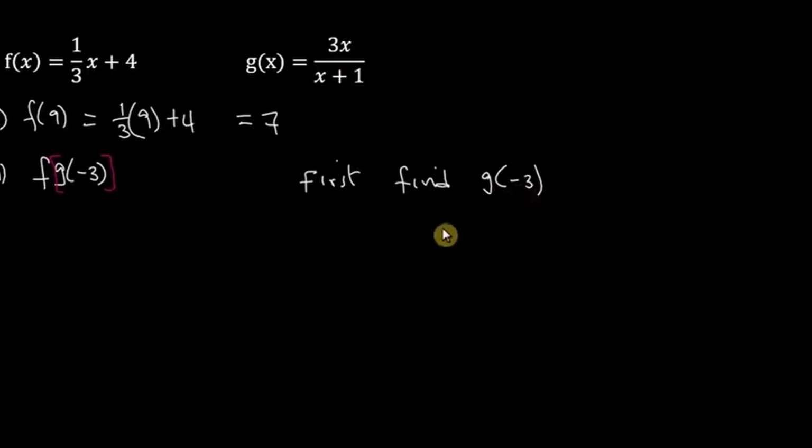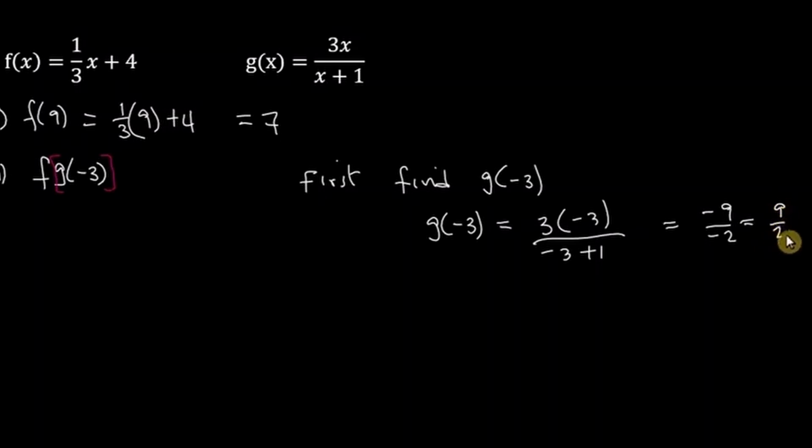So g of negative 3 is equal to 3 times negative 3 over negative 3 plus 1, and that is equal to negative 9 over negative 2, which is simply equal to 9 over 2. The negative signs cancel. So we have a value for g of negative 3 as 9 over 2.